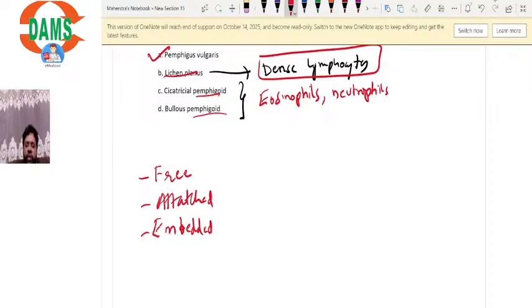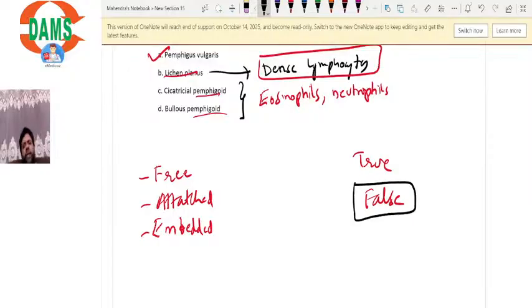Another way of classification is true or false. The question gives free, embedded, true, and false. All the types are there, but among these I recommend you go with false as the answer.